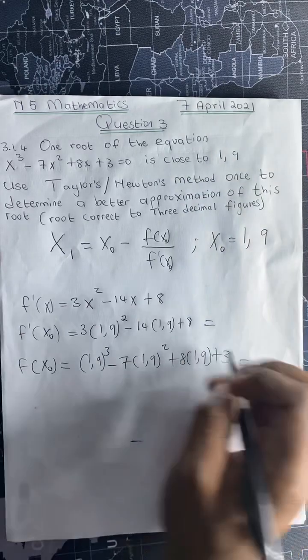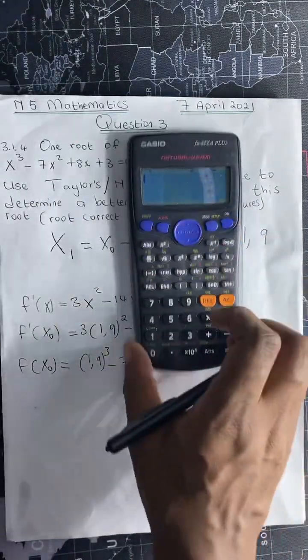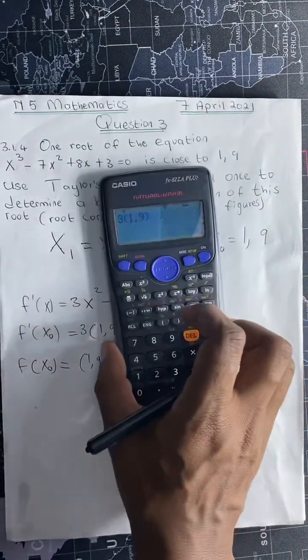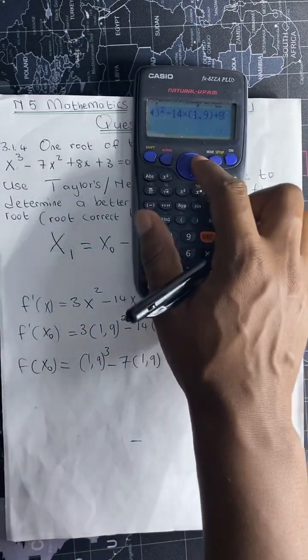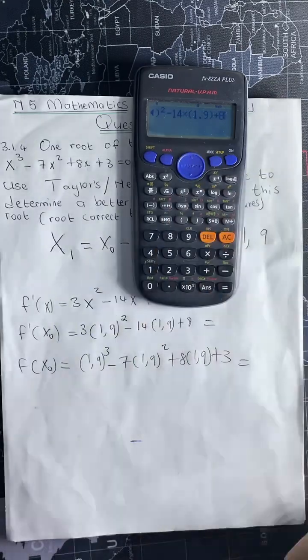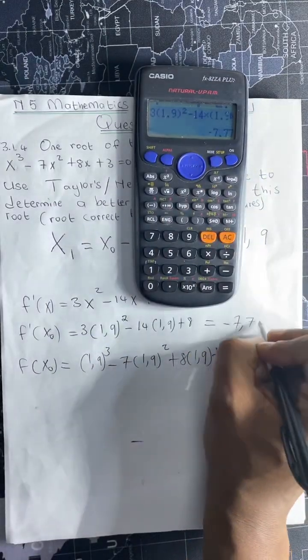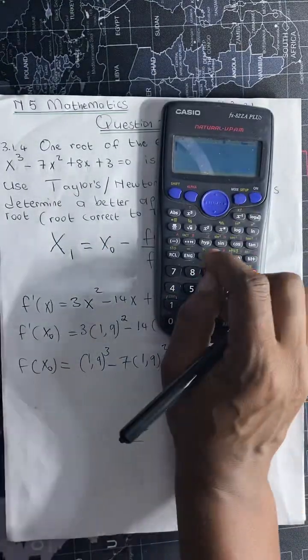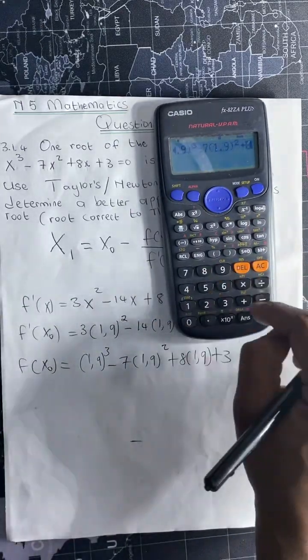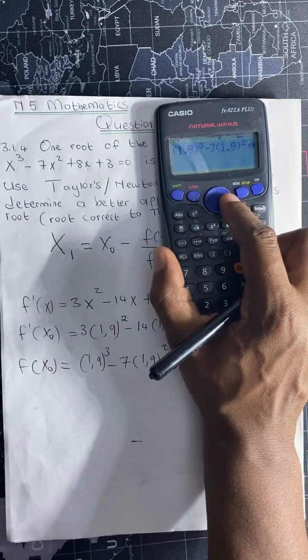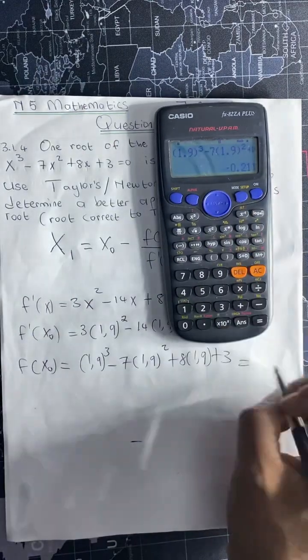This will be equal to negative 0.77, and for f prime of x, this is equal to negative 0.211.